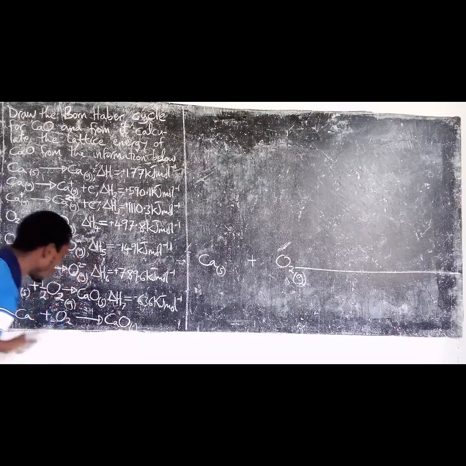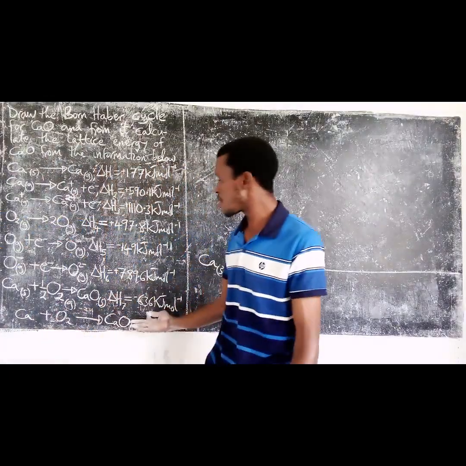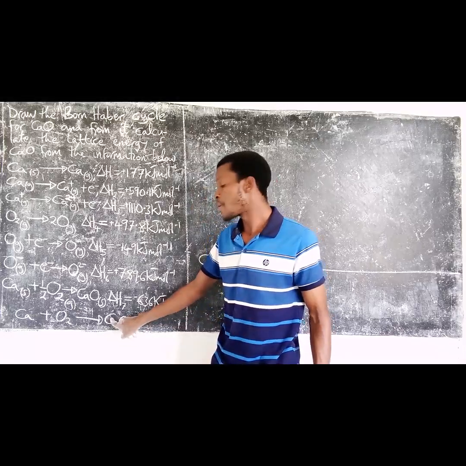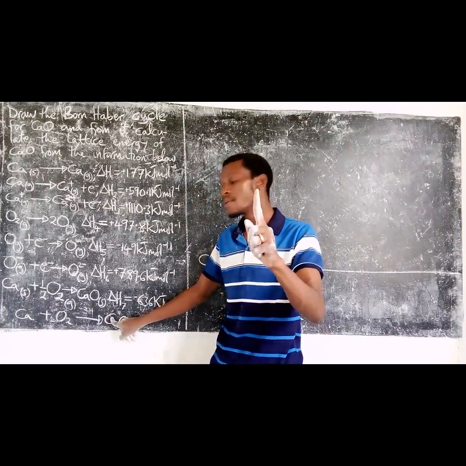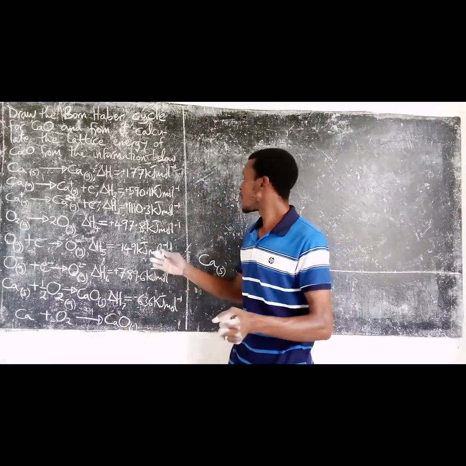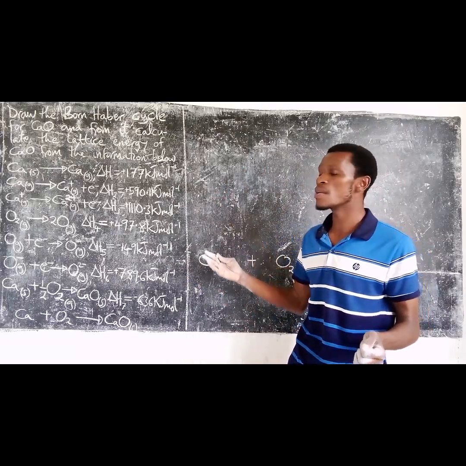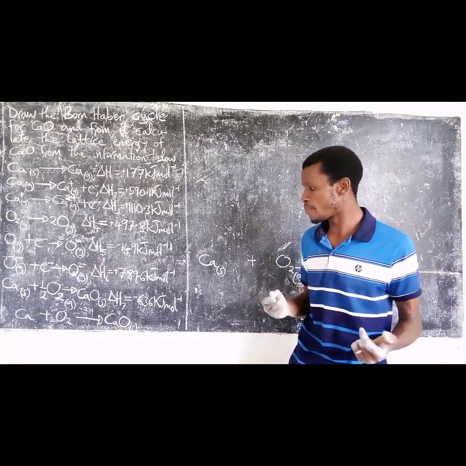This is a solid. So you have to balance the reaction equation. But when you are balancing the reaction equation, the product formed must be 1 mole. Why? Because the Haber cycle is drawn to determine the lattice energy for 1 mole of ionic compound.